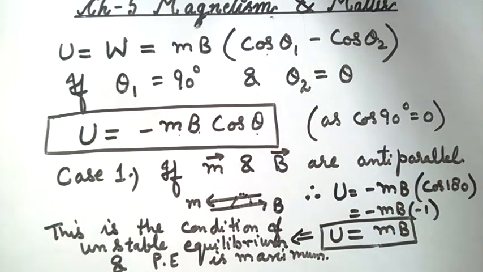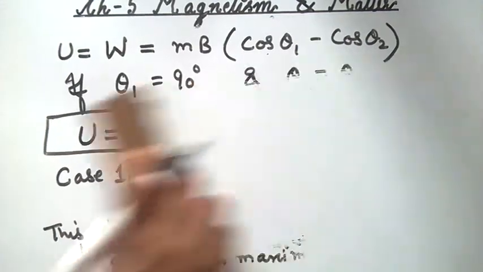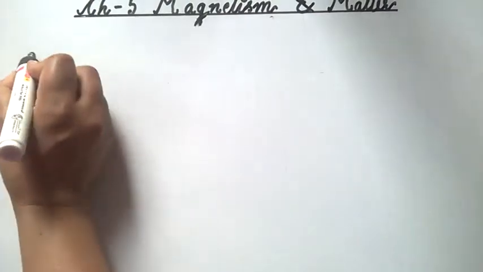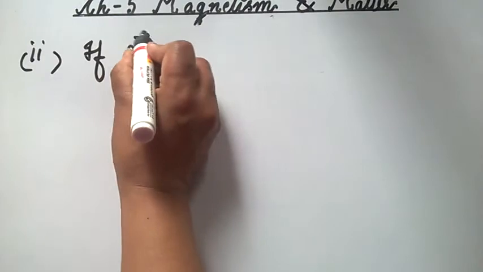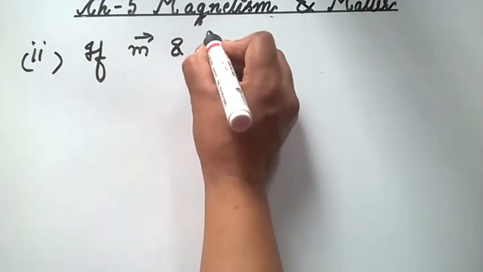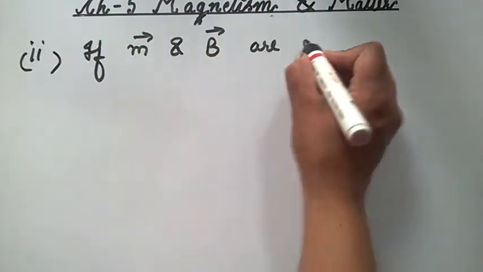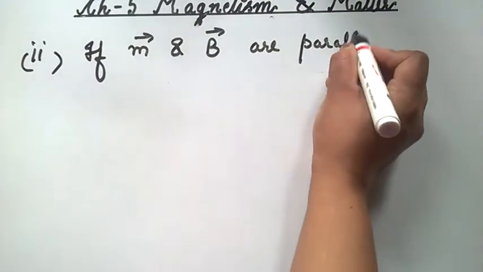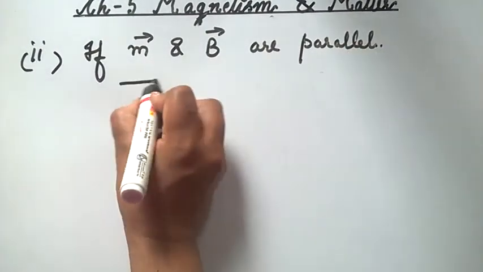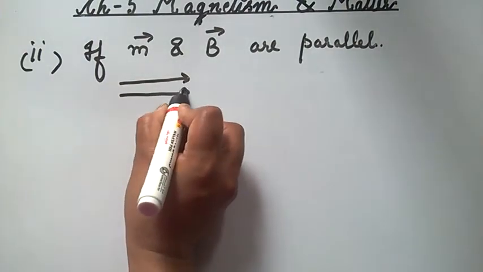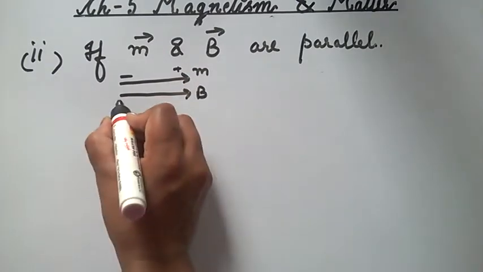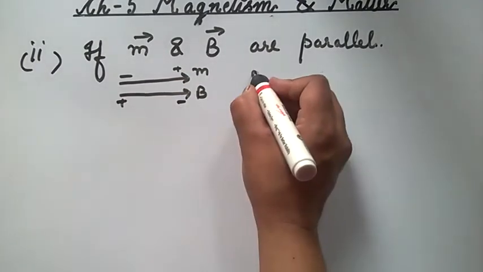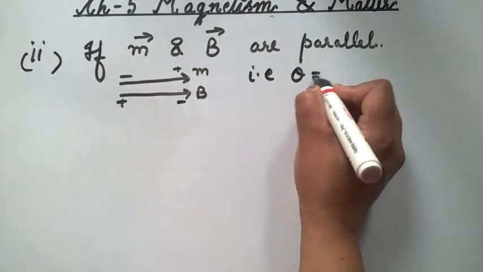And the second case is if the magnetic dipole moment and magnetic field are parallel to each other, that is theta equal to 0 degree.